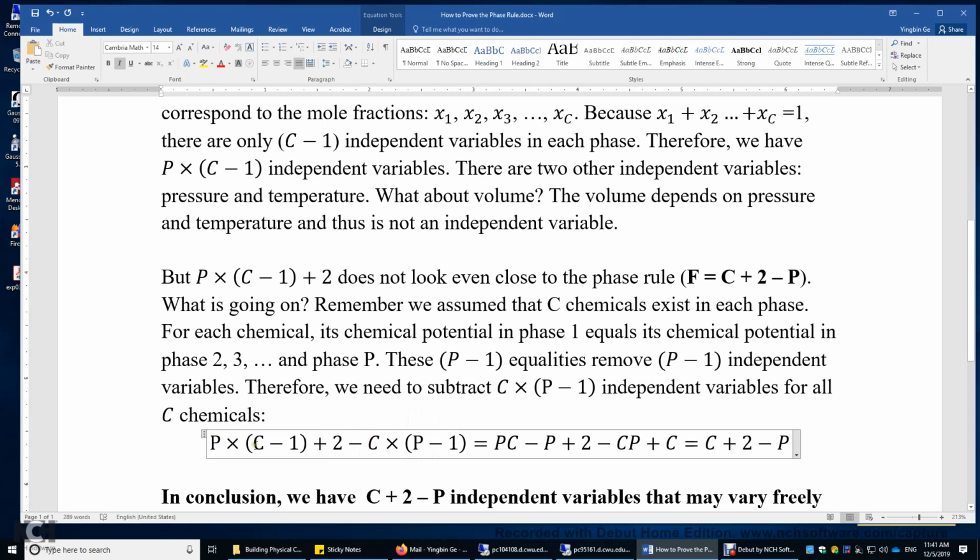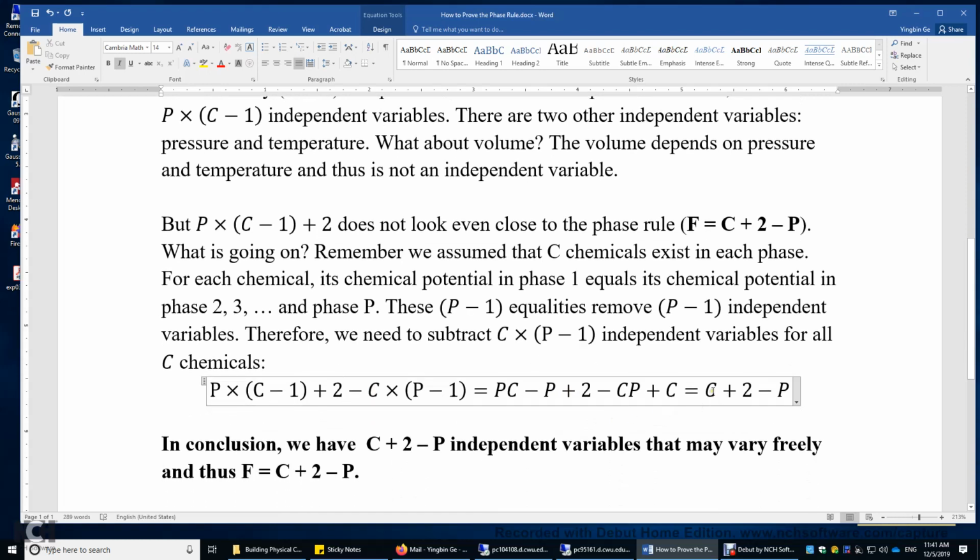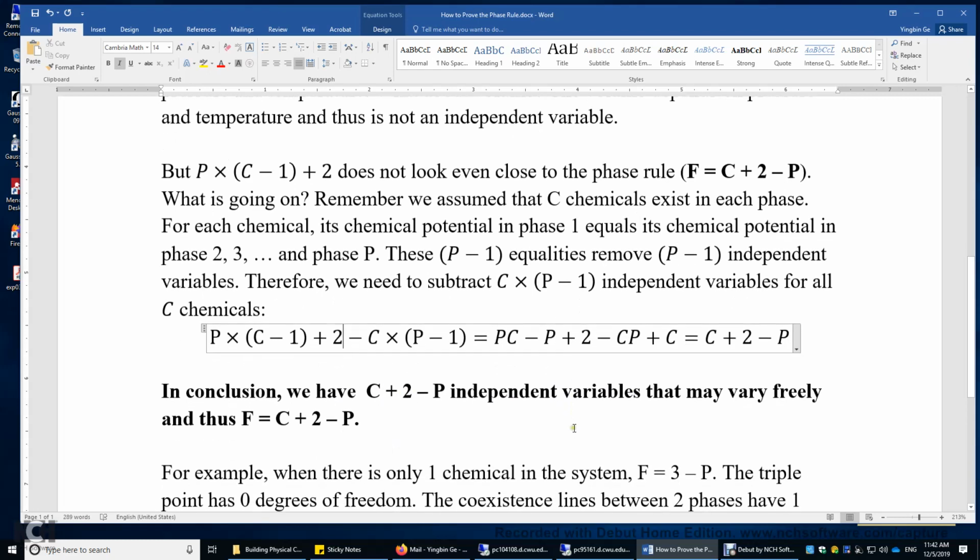And then we have P times C minus P plus 2 minus C times P plus C. The result is C plus 2 minus P. In conclusion, we have C plus 2 minus P independent variables that may vary freely. And therefore, we say the number of degrees of freedom is C plus 2 minus P.